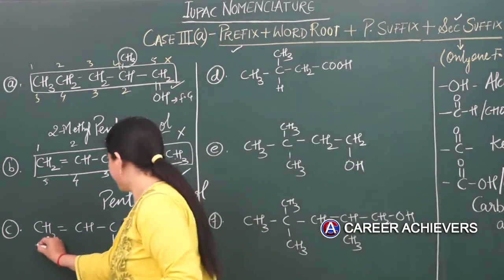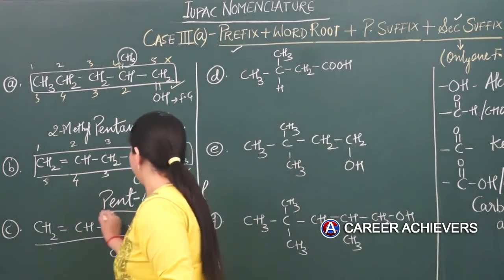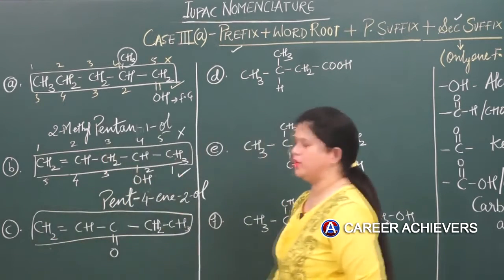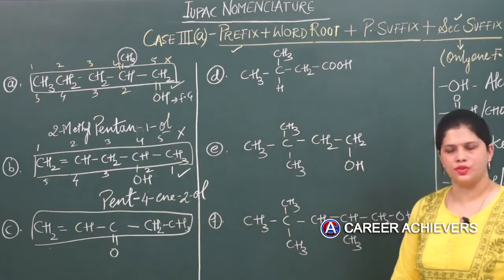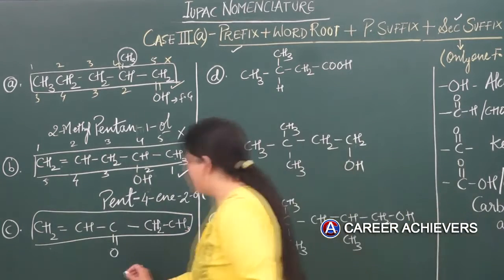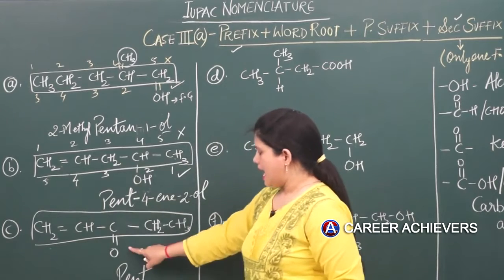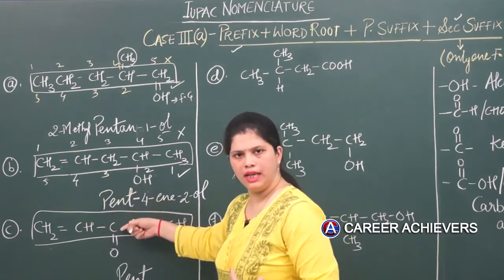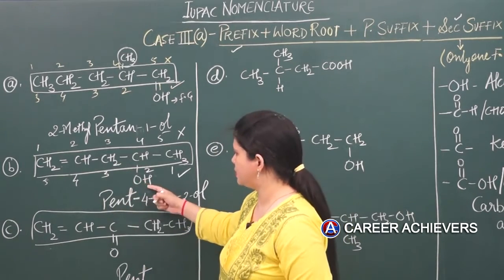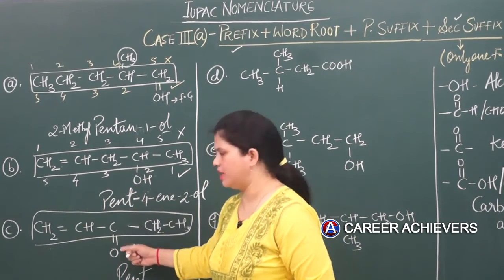Now let's discuss this molecule. Again, by chance in this example also we have 5 carbons in the straight chain, right? So again the word root has to be pent. And the same example is there, only the functional group is different.